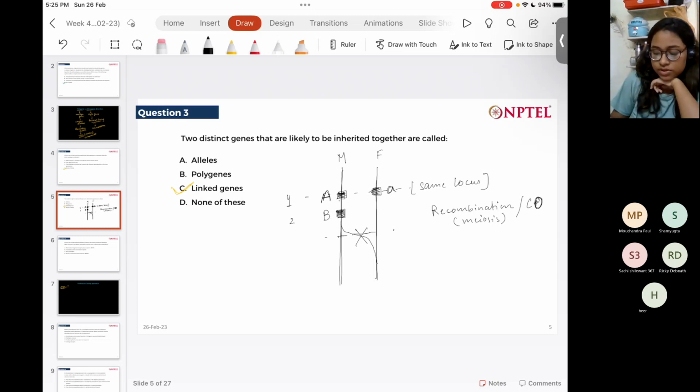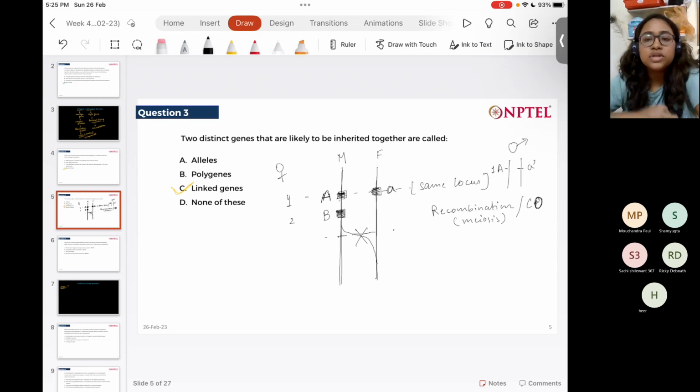Sure. Suppose this homologous chromosome is present in an individual who is a female, and she has mated with a man who has his own pair of homologous chromosomes. At this particular locus 1, there is another allele, say A prime.